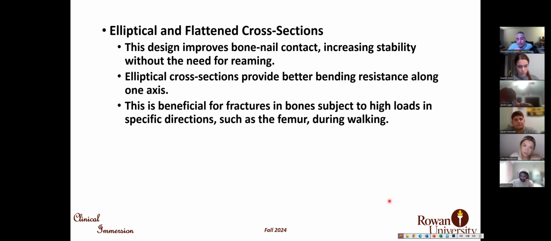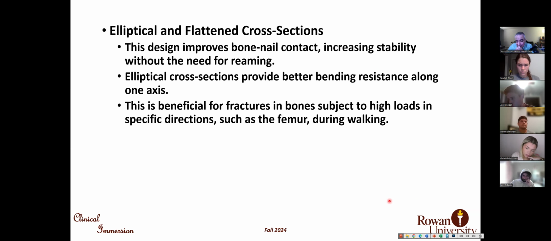Some of the nails can be elliptical or a flattened circle. They are good. Sometimes they fit because the medulla of the long bones inherently is not circular unless we perform reaming inside it. We drill inside it. Otherwise, it is not a perfect circle. So sometimes using the elliptical nails theoretically fills the medullary canal better.